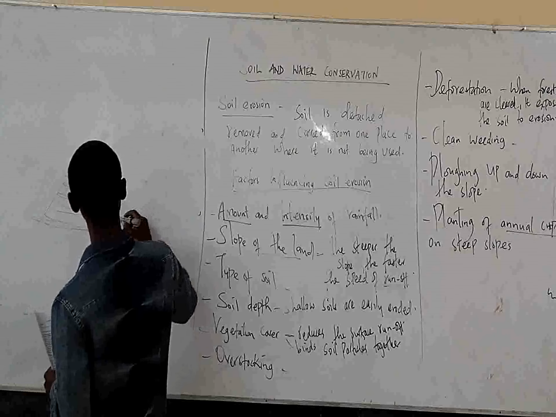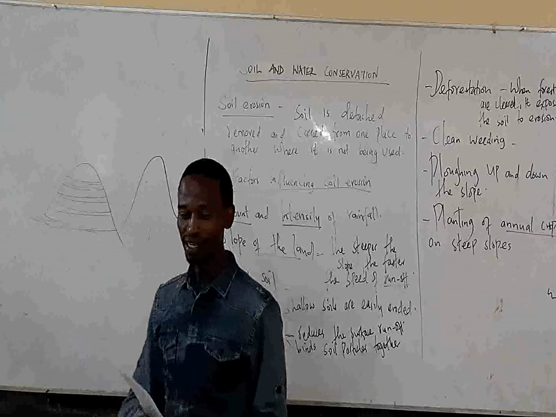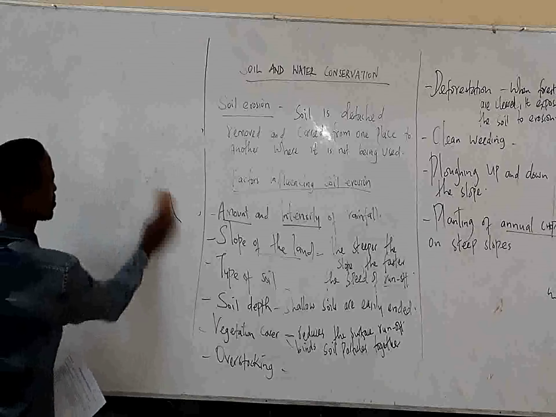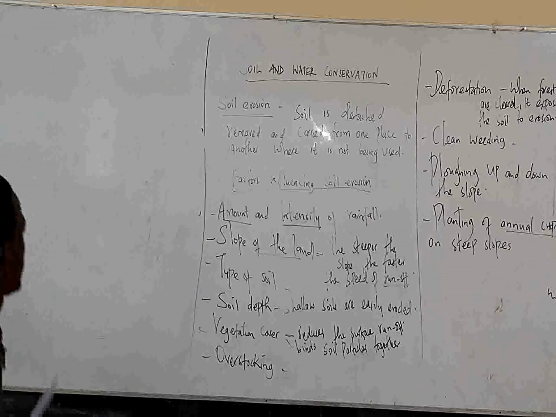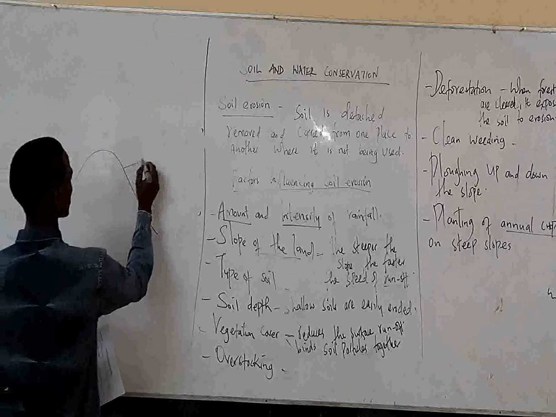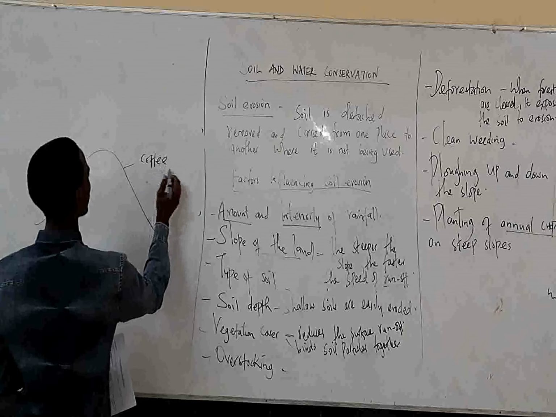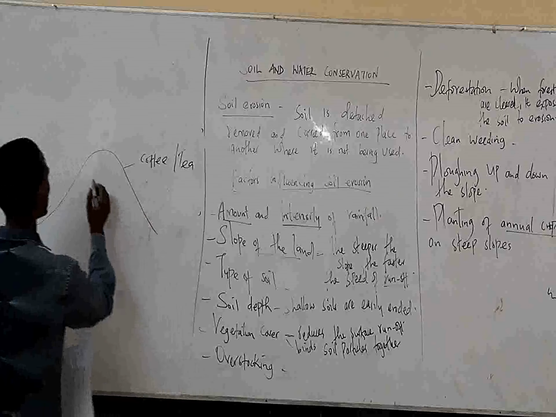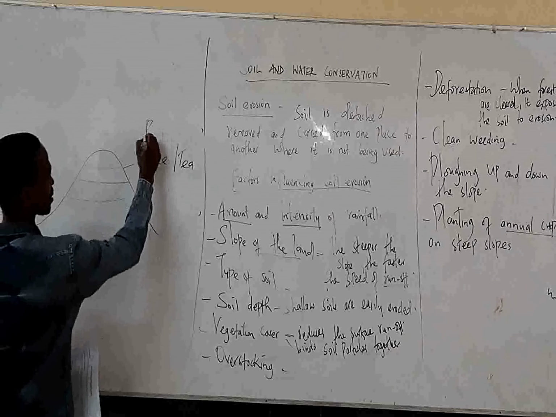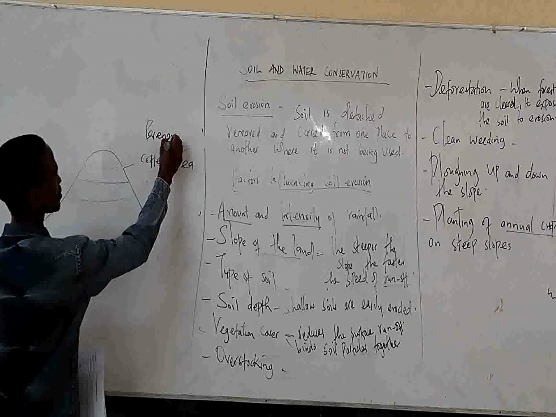So where we have the steep slopes, the recommended crops to be grown are things like coffee or even tea, which are examples of perennial crops.